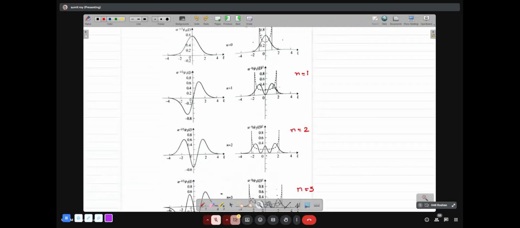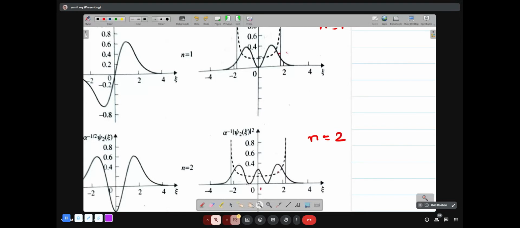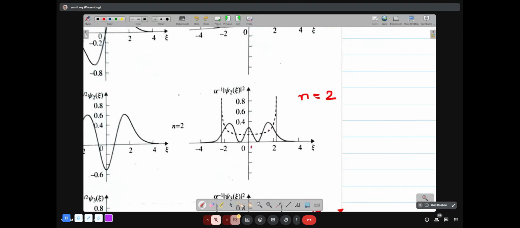Now, we are familiar with these terms. Is it that the probability of finding the particle at this location is 0? Yes, sir.